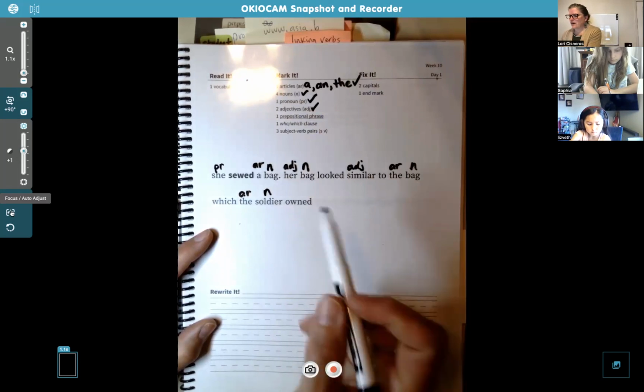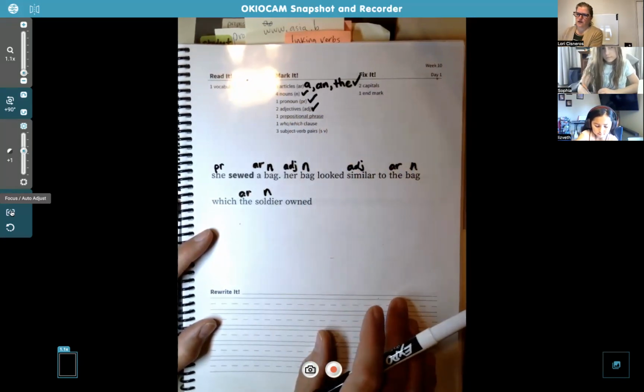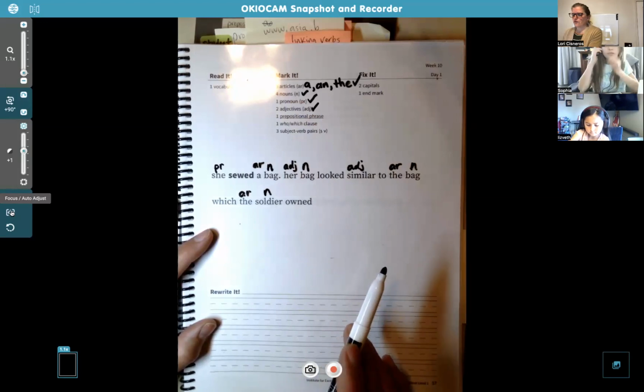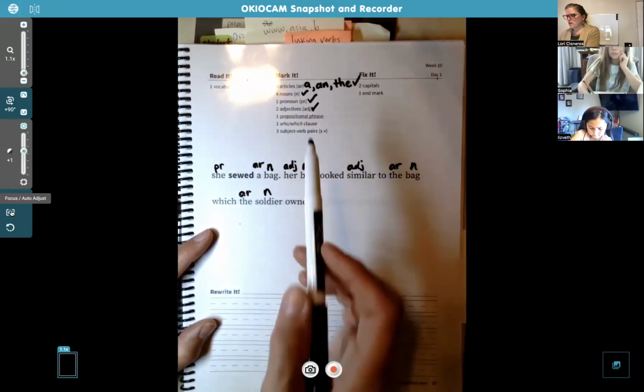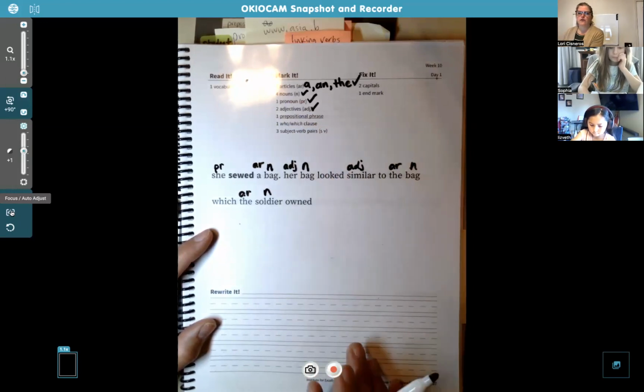Okay, we're going to skip prepositional phrase because that's the hardest one, right? We're going to skip it and come back to it at the end. So I'm going to go back to Sophia. I want you to see if you can find the who, which clause. And the clue is it starts with who or which.